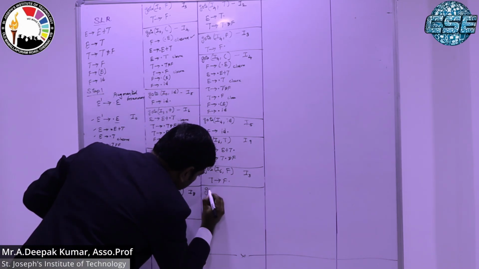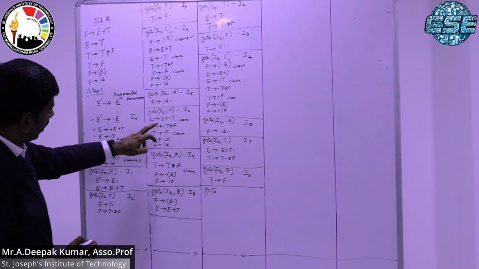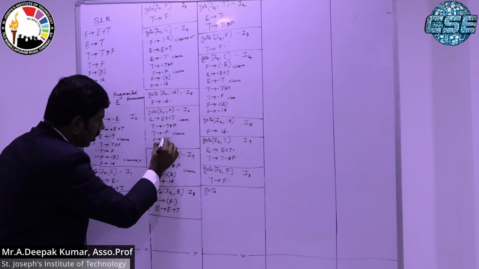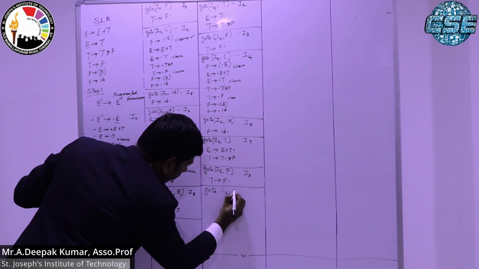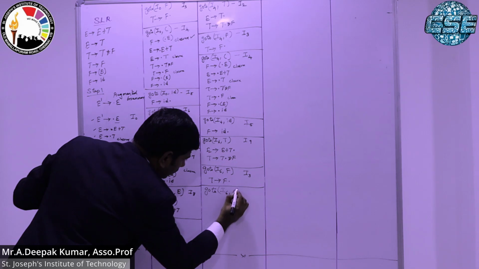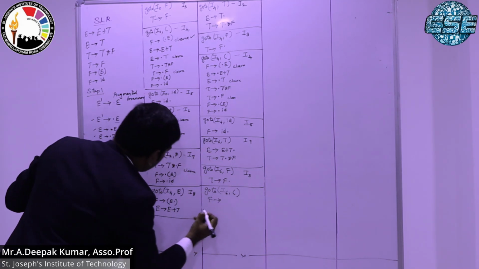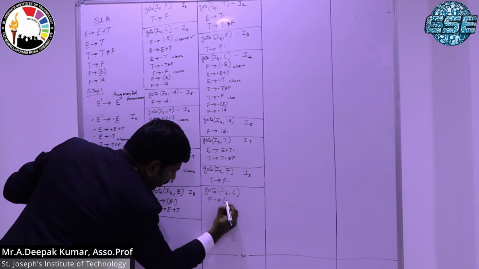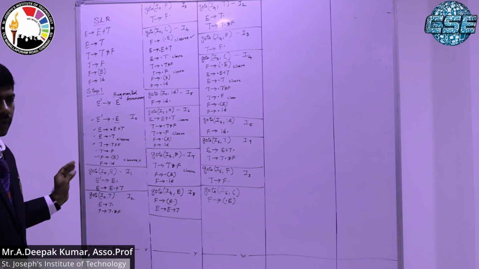Next is go to of I6, I have done for F. Now I need go to of I6 comma open braces. So it will be F derives open braces dot E close braces.